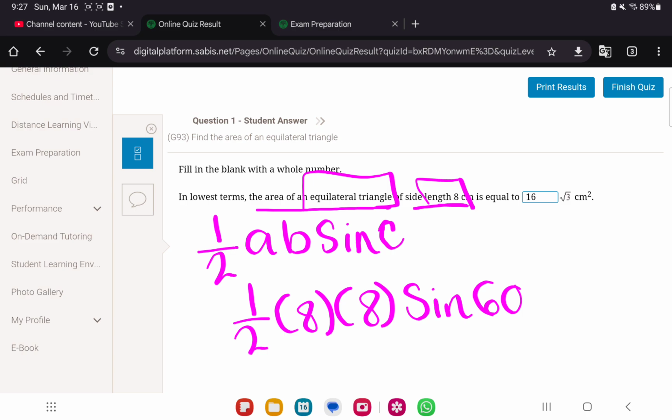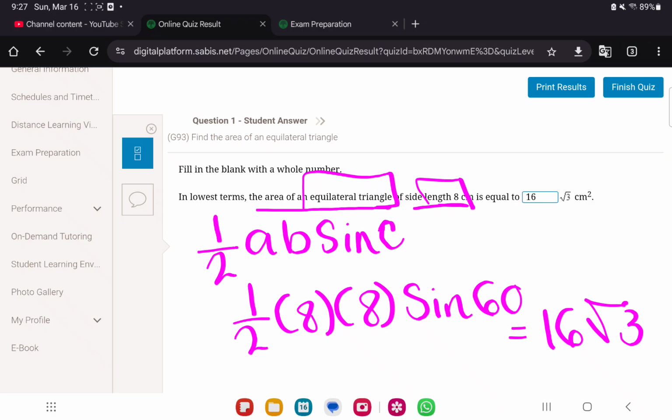So when we do that on our calculator, let me just do it on mine. We get 16 radical 3, okay?